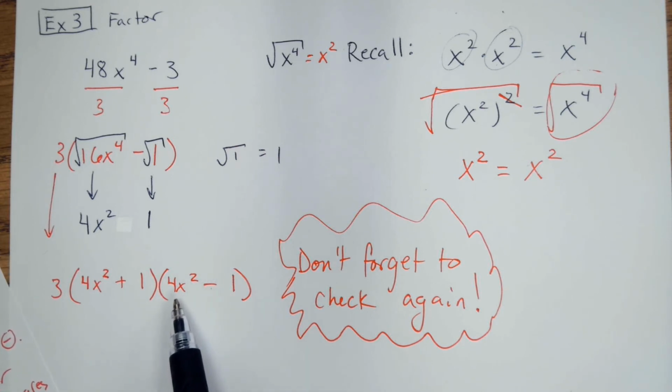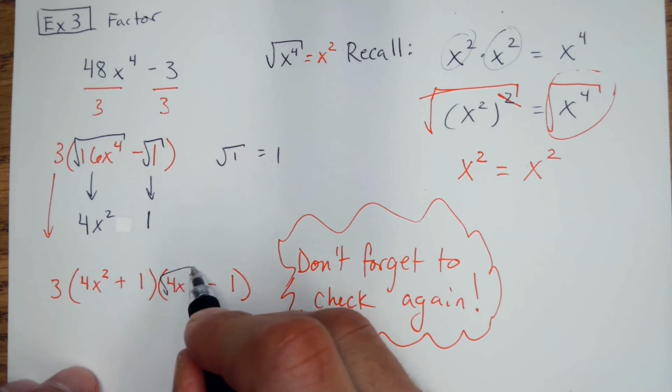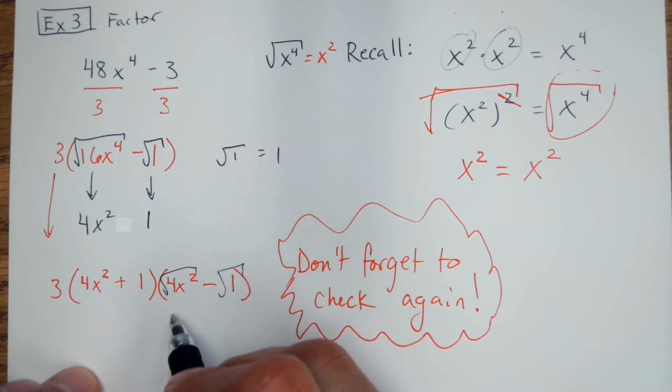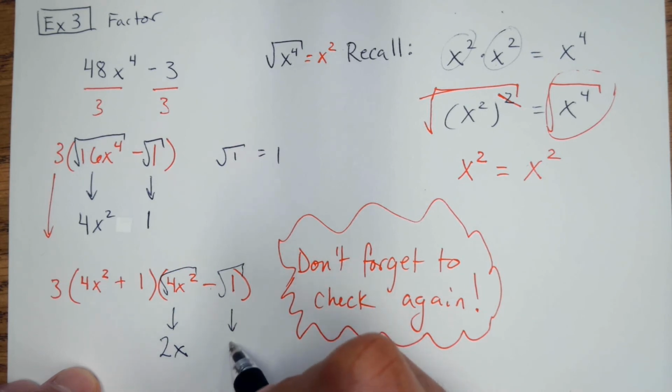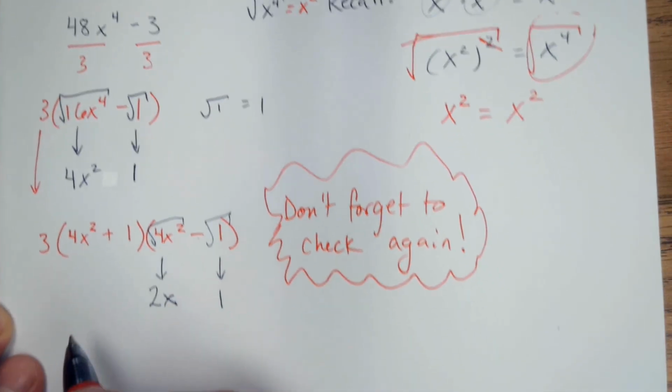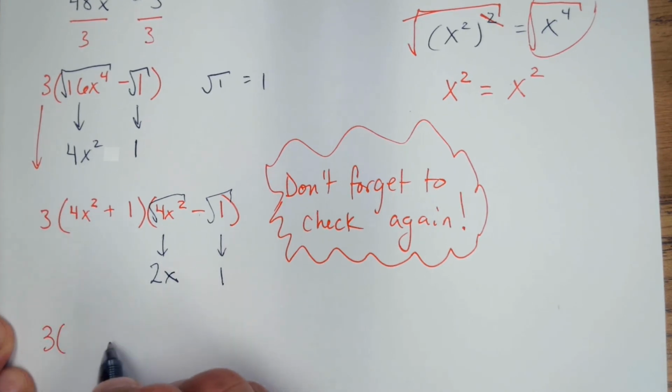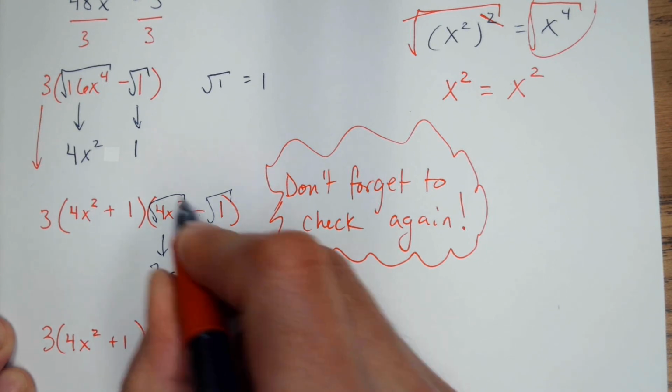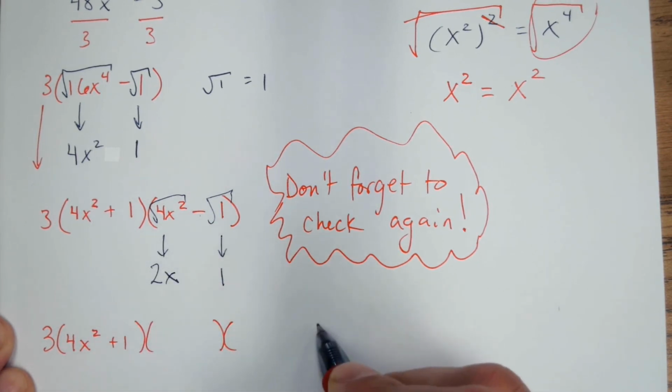And then we can square root this and square root that. What do we get? We get 2x and still just 1. So this can be broken down yet again. So I can have 4x squared plus 1. And then this gets broken down into 2 more parentheses.